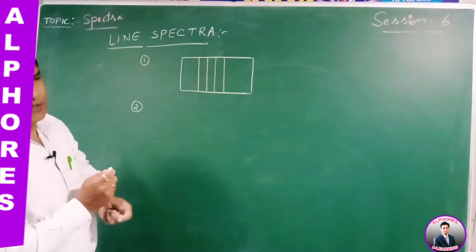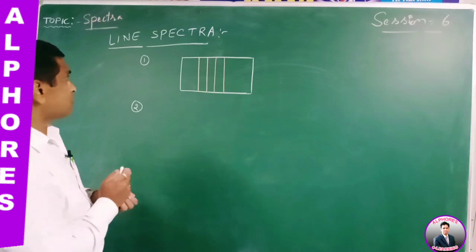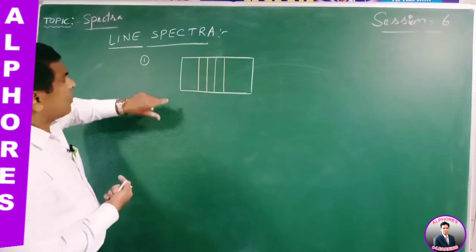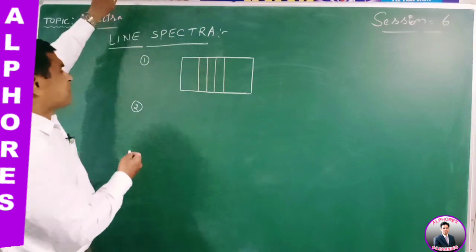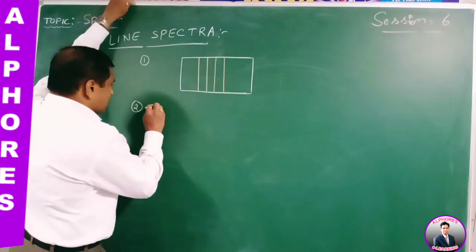And the second point is line spectra. It is the characteristic spectrum of atoms.